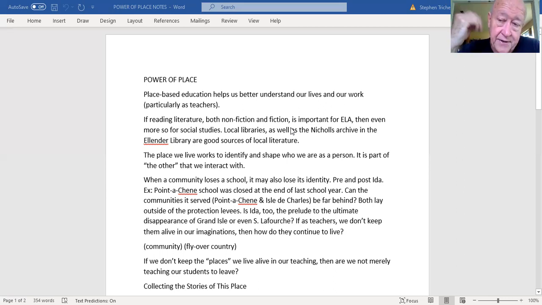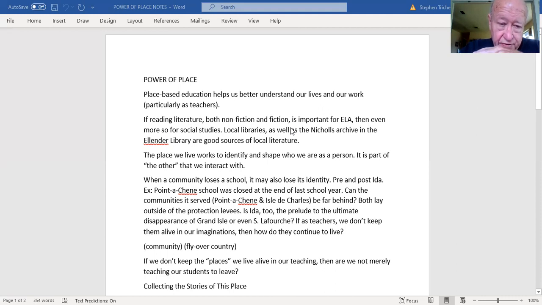So there's also the idea of space within place. I've had a couple of other readings that my grad level methods classes would read. It's important: when a community loses a school, it may also lose its identity. I'm really thinking about pre and post Ida. Pre-Ida, the Pointe-aux-Chenes Elementary was closed at the end of last year.